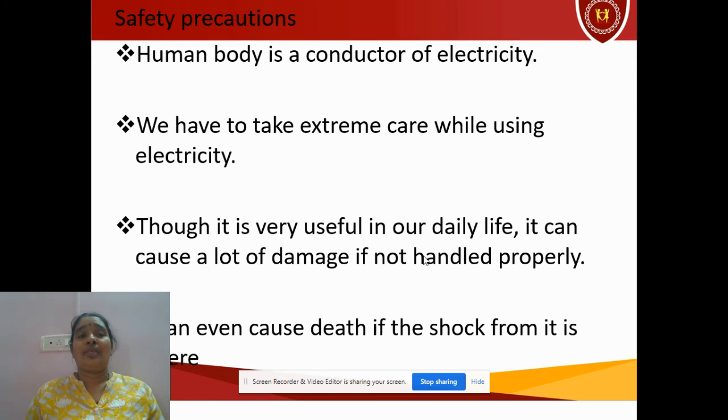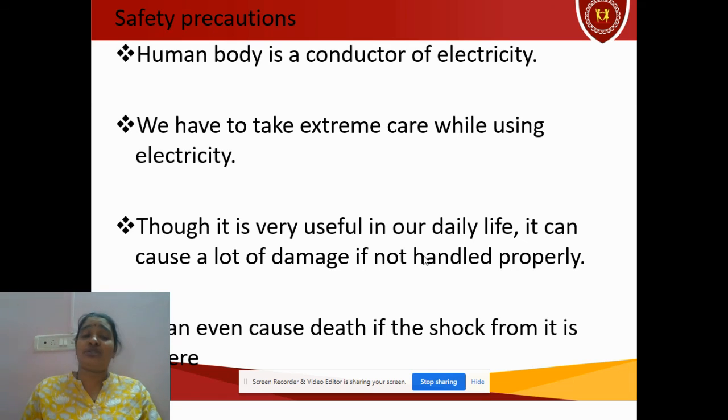Okay, we also need to take precautions when we are dealing with electricity. Why? Because our body is a good conductor of electricity. Good means current will easily pass into our body, which means we will get an electric shock. So we have to take extreme care while using electricity. Though it is very useful in our daily life, it can cause a lot of damage if not handled properly.